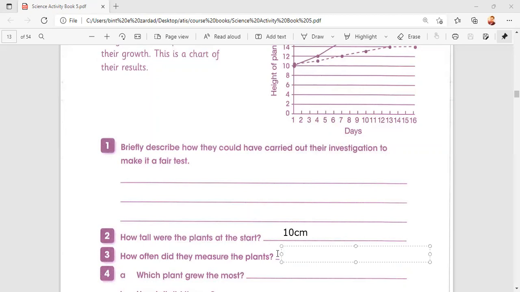They measure the plant at the start, on the first day, day one, and then after three days.